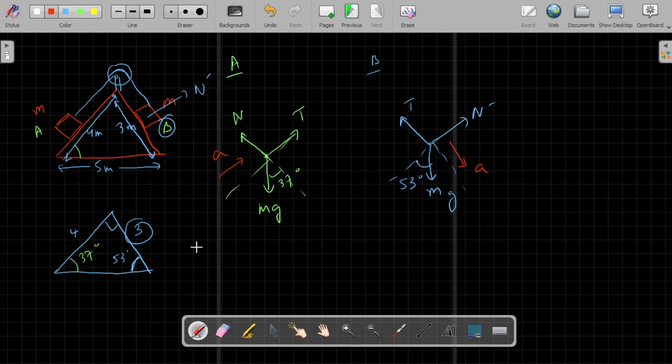What if the blocks had unequal masses? How do we find the direction of acceleration? We don't have to predetermine the direction of acceleration as such. If we can predetermine it, it is good, but it is not a big deal.